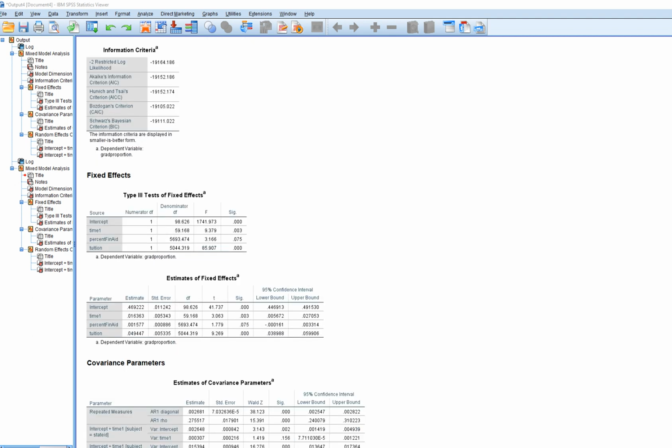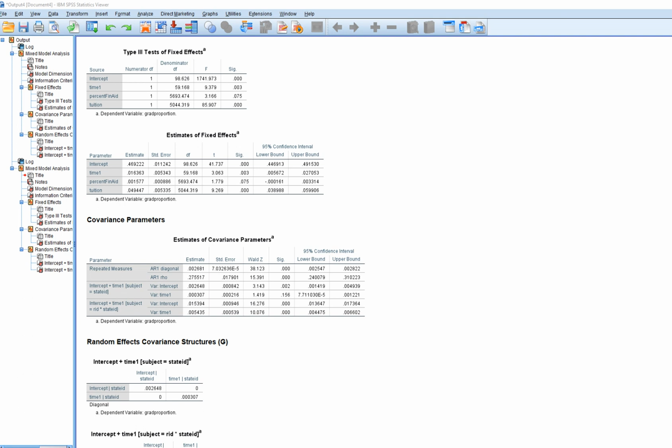Looking as we scroll down at our fixed effects, you can see that there's still a significant positive predictive relationship between time and graduation proportion. So we do still have evidence of a linear relationship between time and graduation proportion across the institutions and states, basically.